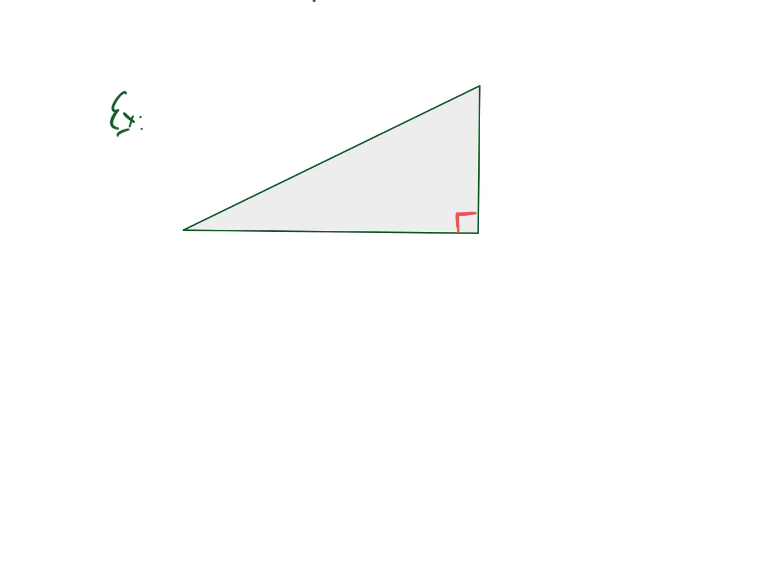We're going to be given one angle, and we're going to be given two sides. So let's say this side is 18, and this side is 8. And let's put some labels on these angles so we have something to work with. Let's go with P, Q, and R this time.